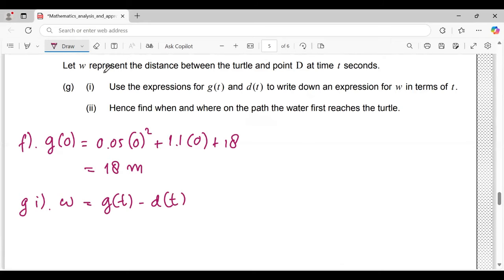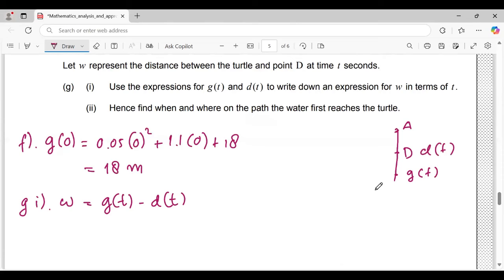According to the information, W represents the distance between the turtle and point D at time t seconds. The turtle from this is point A, this is point D. The turtle moved downward, for example, until gt here. So W equals gt minus dt.